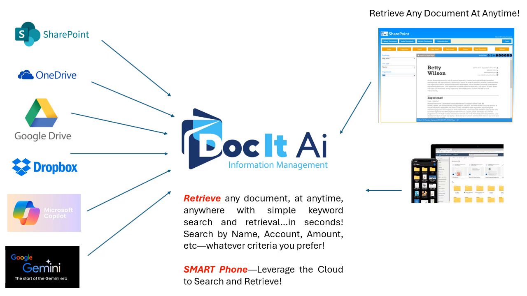You can search and retrieve any one of those documents that have been classified and indexed, that came from a computer, that came from a scanner, anything and everything that has been classified through DocIt AI information management.